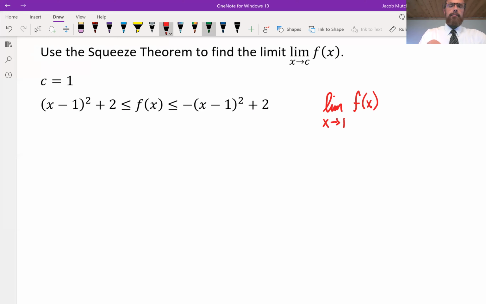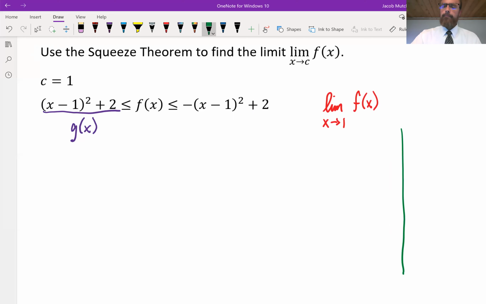I'm also told that this function on the left, let's situate it as g of x, is x minus 1 squared plus 2. I'm going to graph that over here on the right. Let me use green for the plane, and then we'll distinguish the function by putting it in purple. I want to graph x minus 1 squared plus 2.